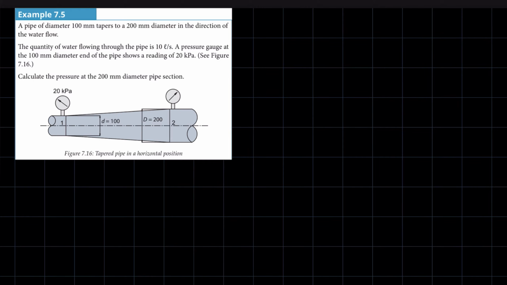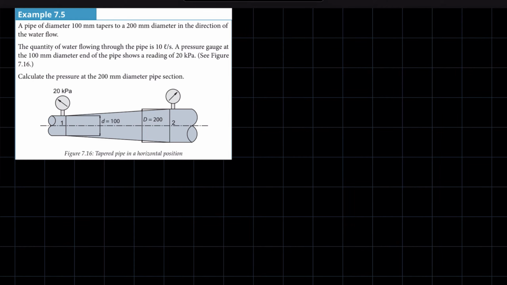Now let's consider the problem in front of us, where we have a horizontal tapered pipe. The problem reads as follows: a pipe of diameter 100 millimeters tapers to 200 millimeters diameter in the direction of the water flow.